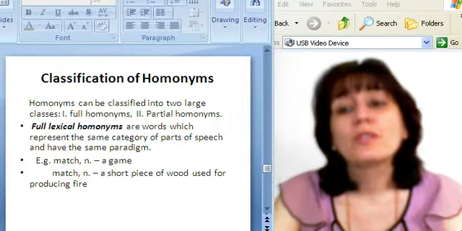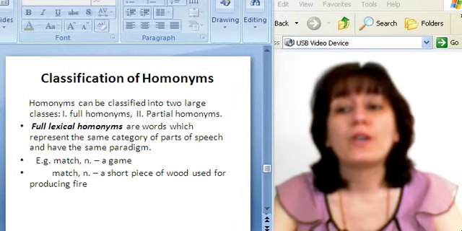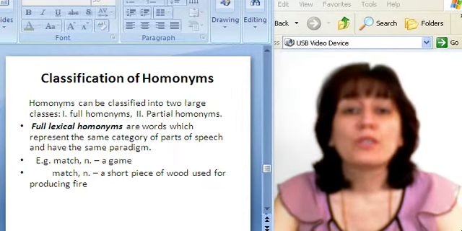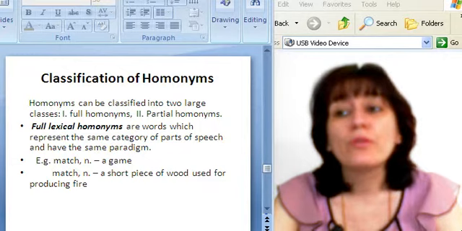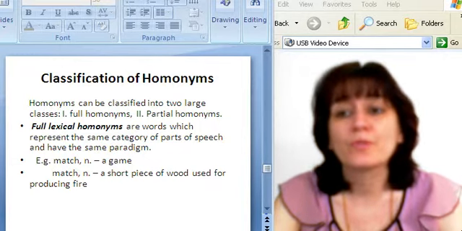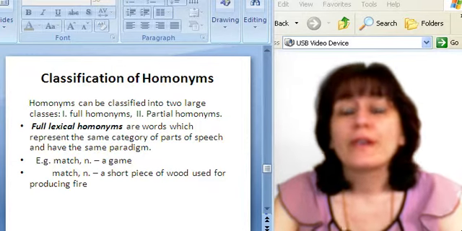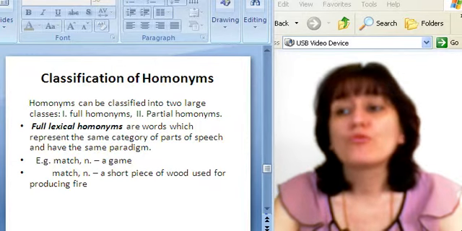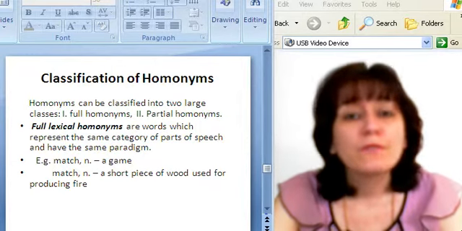So the examples given at the beginning of our lecture show that homonyms may belong both to the same and to different categories of parts of speech. Obviously, a classification of homonyms should reflect this distinctive feature as well.